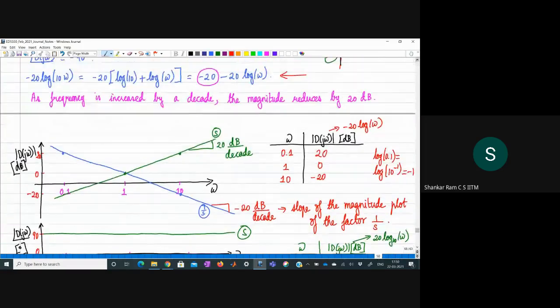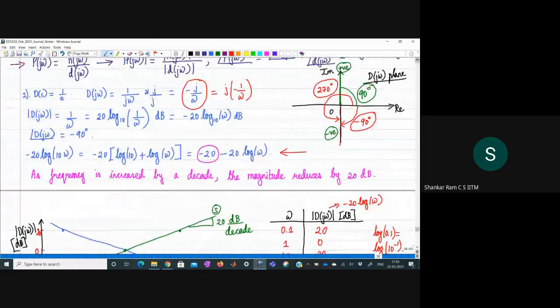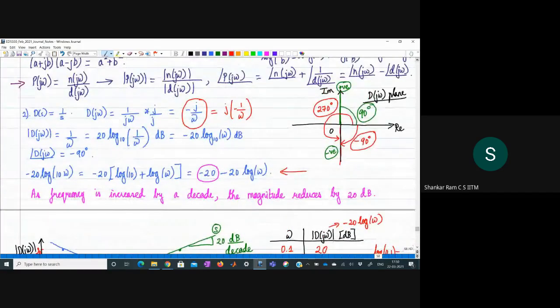If we look at this plot, like I mentioned, if we consider the factor 1 by s, the point will lie on the negative imaginary axis. So the angle could be thought of as either plus 270 degrees or minus 90 degrees. Why did we choose minus 90?